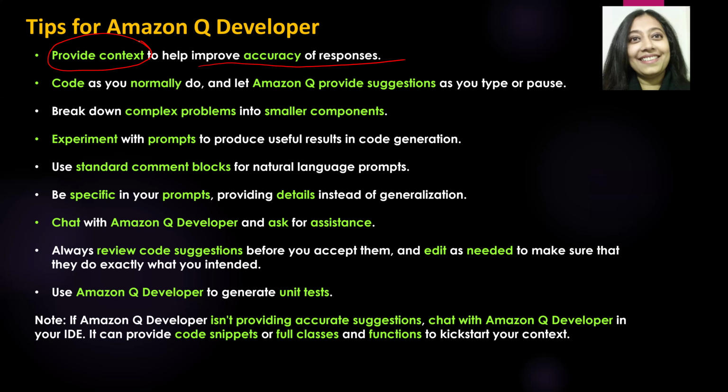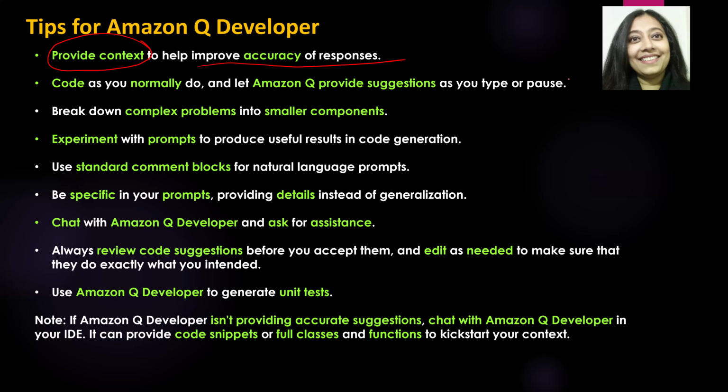So try to provide some context to Q and ensure that it understands what you are trying to do. The reason why you are providing some context, some background, is to ensure that Q understands what you're trying to achieve, and hence the responses that you'll receive from Q will be far more accurate.